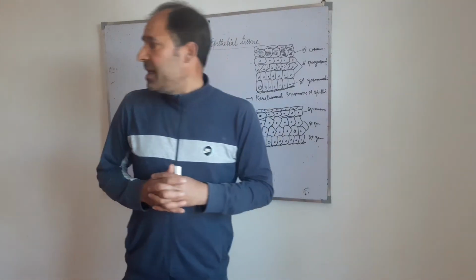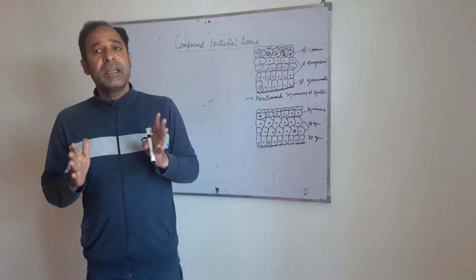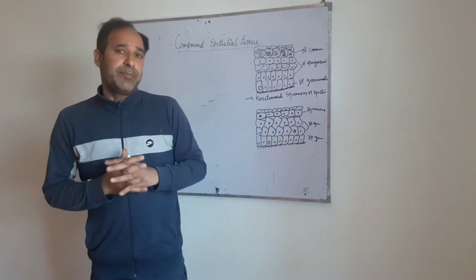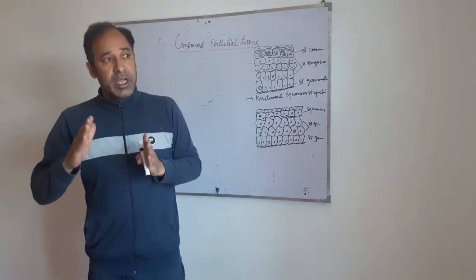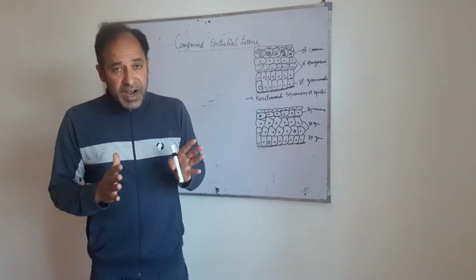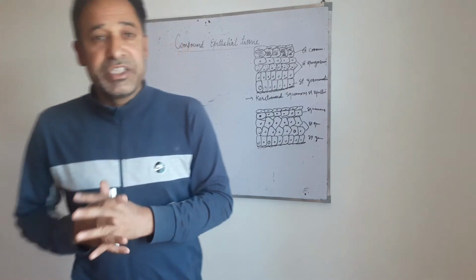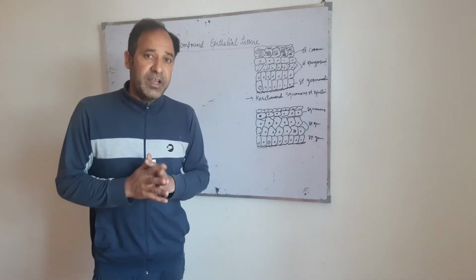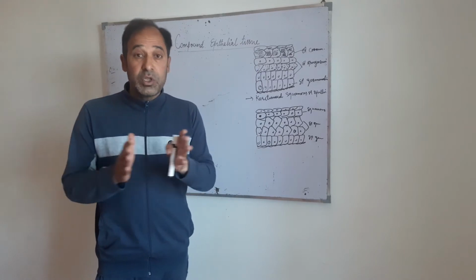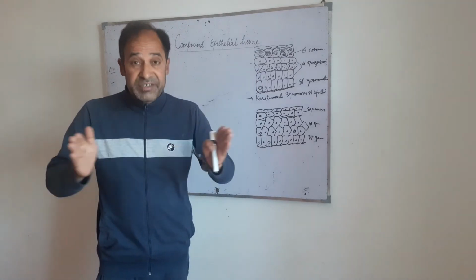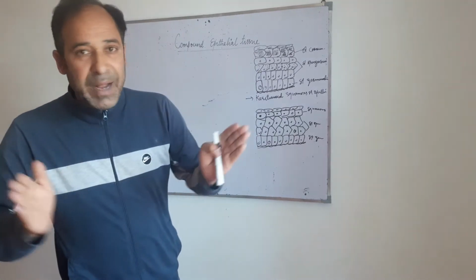This compound epithelium is further divided into two types: one is called stratified and the second is called transitional. A stratified epithelium is made up of more than one layer of cells, but the cells are non-stretchable. They do not stretch. They do not expand.